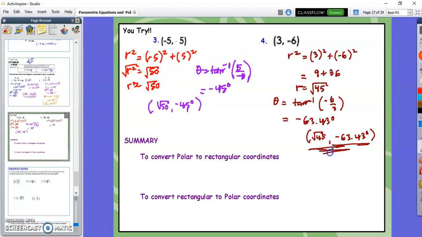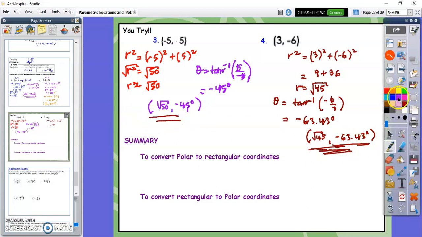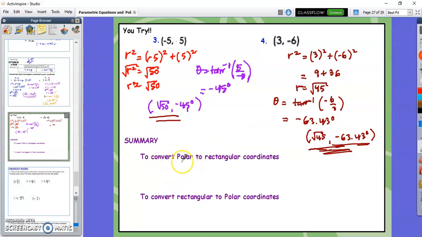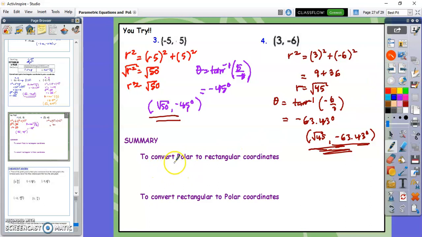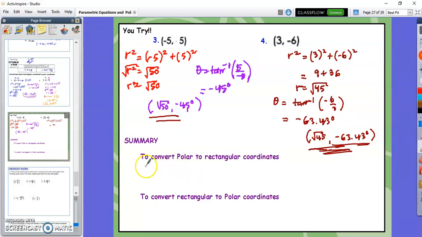This is what we're looking for. All right, to summarize what we did, including the conversion from polar to rectangular, the formula for the x coordinate is r cosine theta.